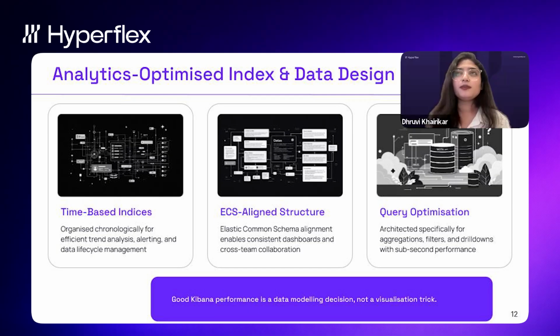An ECS-aligned architecture means that the dashboards that we are creating are going to be reusable, the visualizations are going to be much more predictable, and teams speak a common analytical language. And here is the key point, right? Good Kibana performance is a data model decision, not a visualization trick. When the data is ECS-aligned and time-based, Kibana becomes much faster, more intuitive, and scalable.